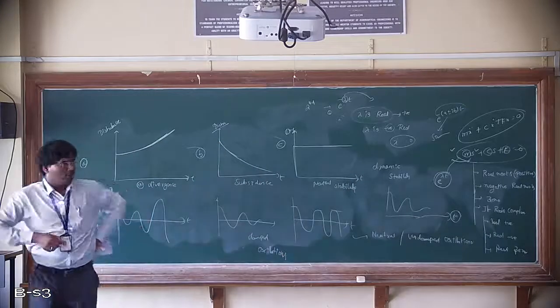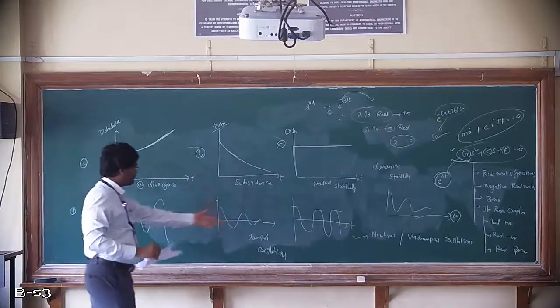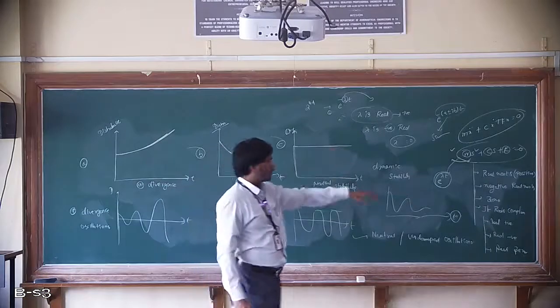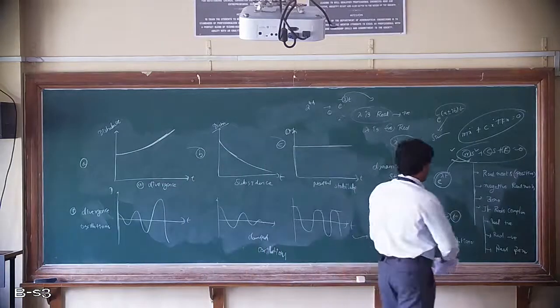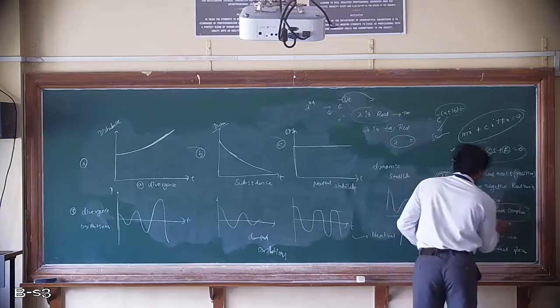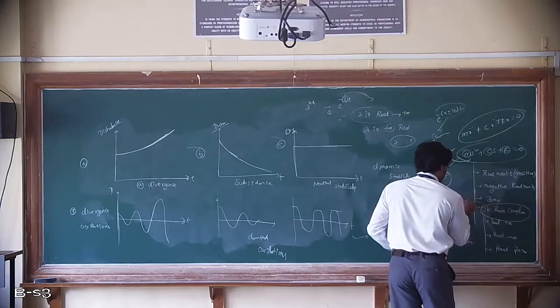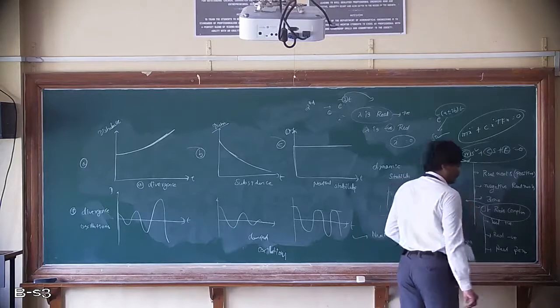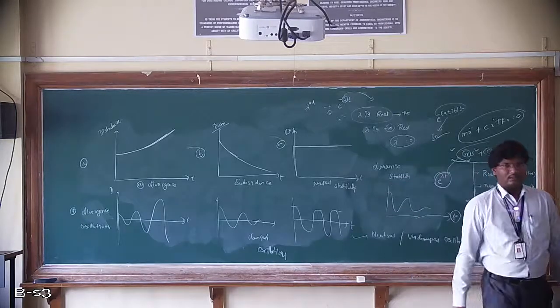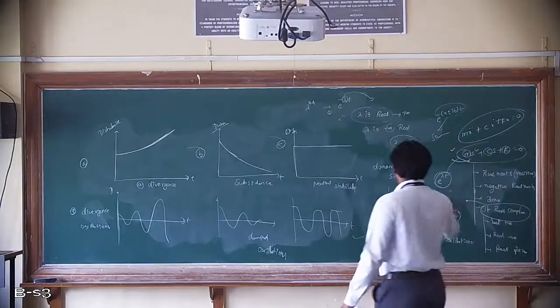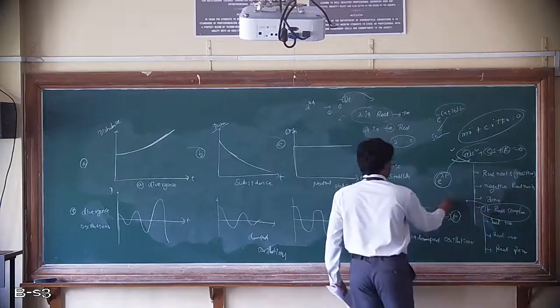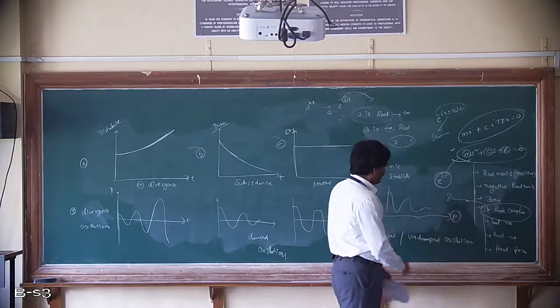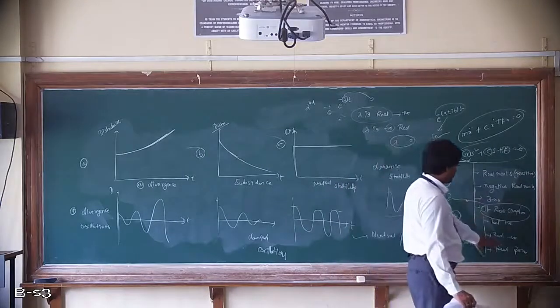Again, how will you define these based on complex roots? If roots are complex, then the response will be sinusoidal. And again, for sinusoidal there are three possible chances.